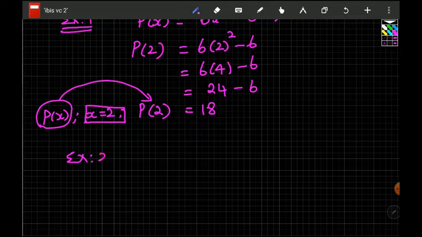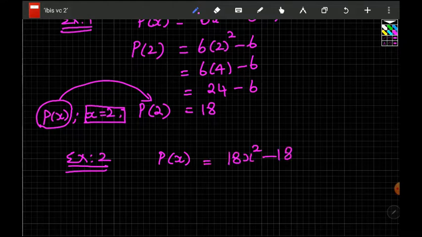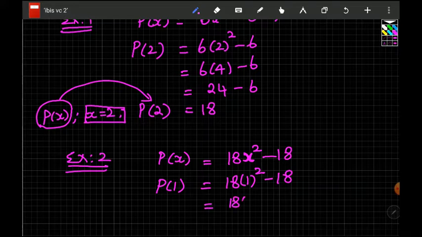Let's take another example. You have a polynomial p of x is equal to 18x square minus 18. In this, you would like to find out the polynomial value p of 1. How do you obtain p of 1? By substituting x with 1. So we write 18 times 1 square minus 18. 18 into 1 square is 18 into 1, minus 18.